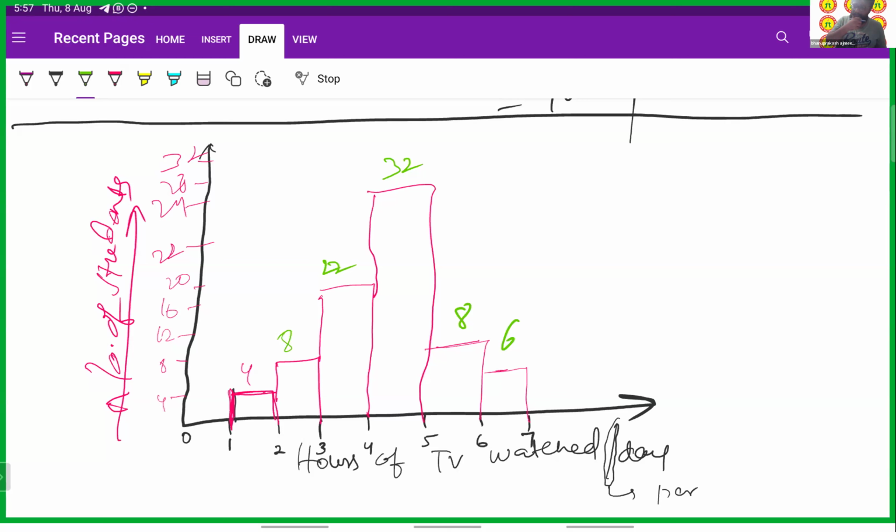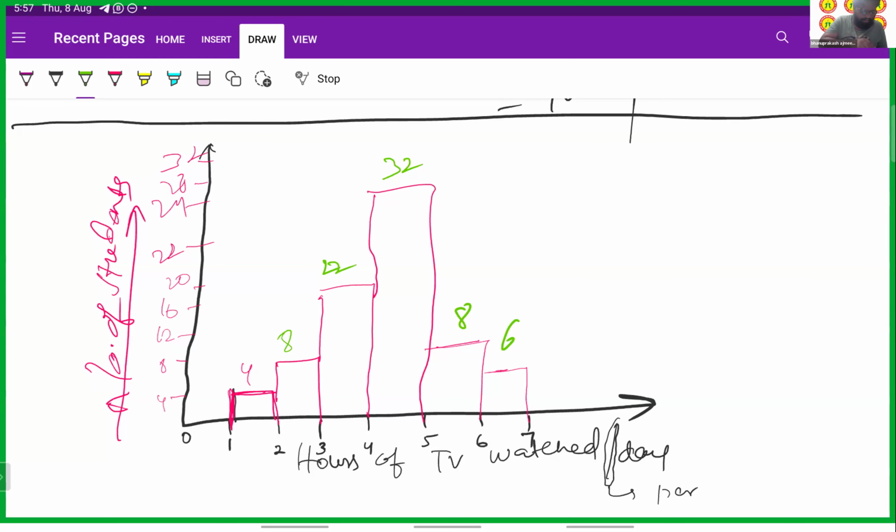For 4 hours, how many students watch? For 8 hours, how many? For 1 hour or 2 hours, how many students watched? We are calculating that data.